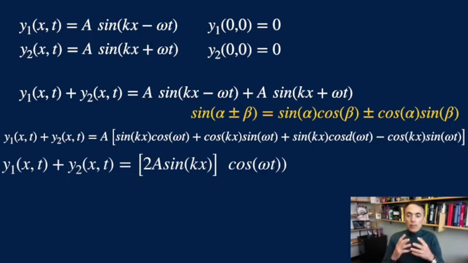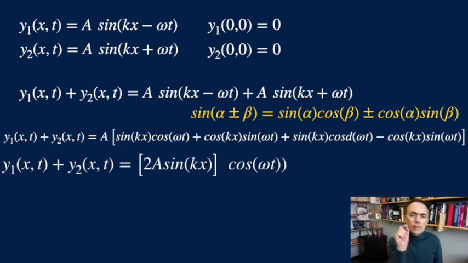There is still a sinusoidal behavior in time with frequency omega. But we have this sine term that depends on the position. This term multiplies the whole wave. This term can be thought of as the amplitude that is oscillating from a value of 2a to a value of 0, depending on the x position.